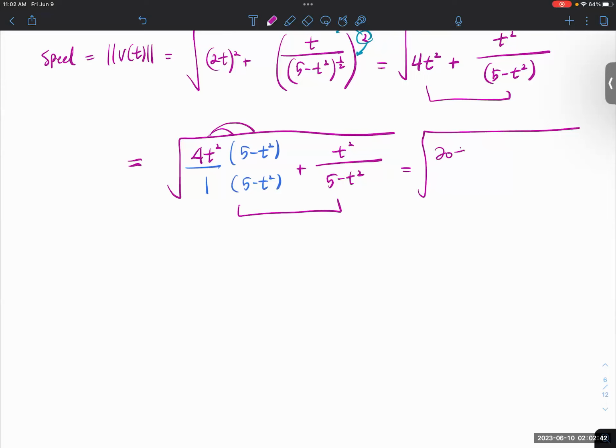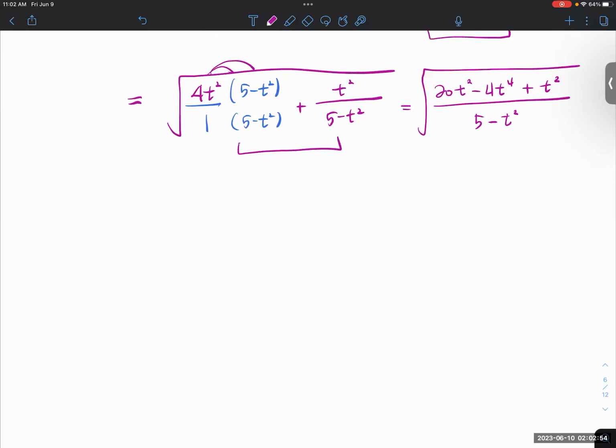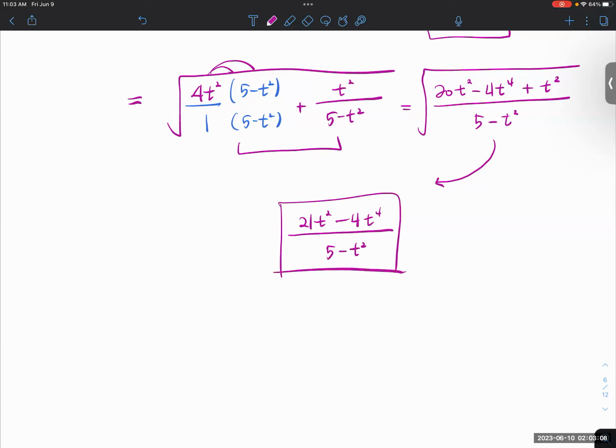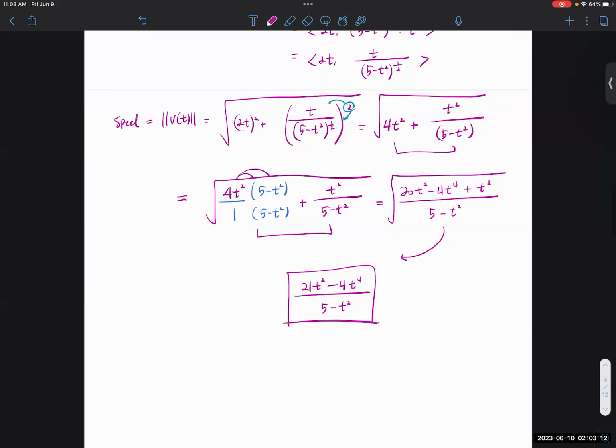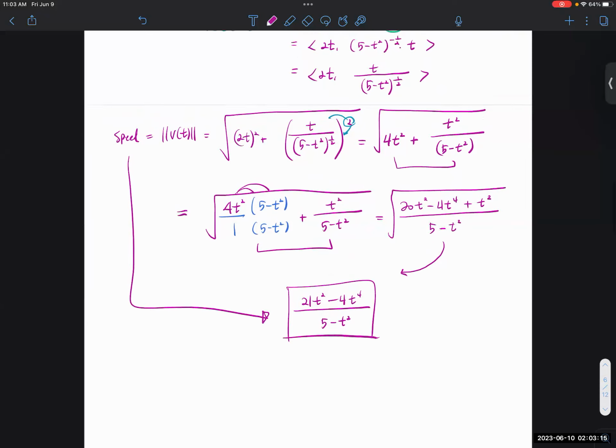So 20t squared minus 4t to the 4 plus t squared over the common denominator 5 minus t squared. Gotcha. So therefore, if I simplify, 21t squared minus 4t to the 4 over 5 minus t squared. Are we okay with that? So this is, sorry, this is the speed. This is the speed. We have to do one more.